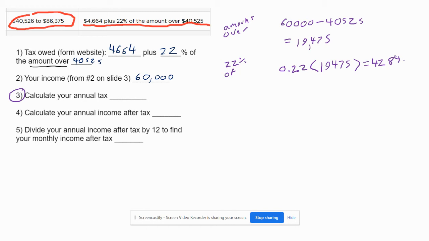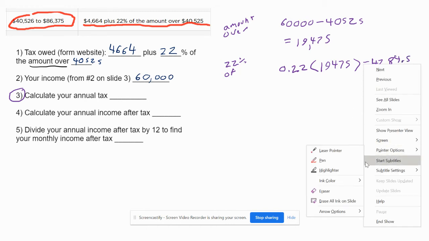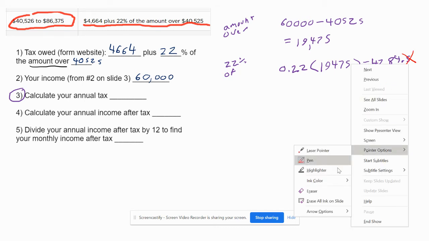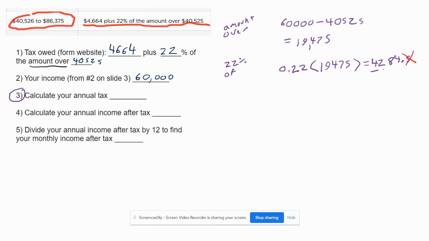Now, fun fact about doing your taxes, they don't care about the cents. They only care about the dollars. So the way you round when you're doing your taxes is you take anything after the decimal point and leave it off completely. So that 22% is 4,284.